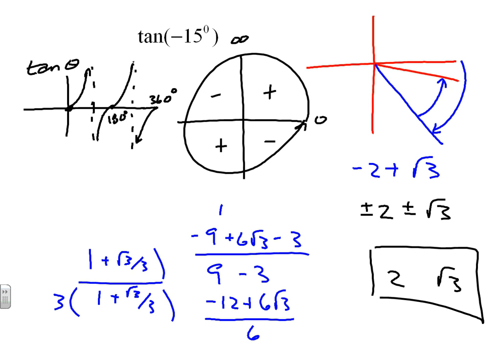As we move toward infinity in the first quadrant, we go from little positive to big positive. At 180 degrees, we're 0. Now as we're coming up along here, we are big and negative.